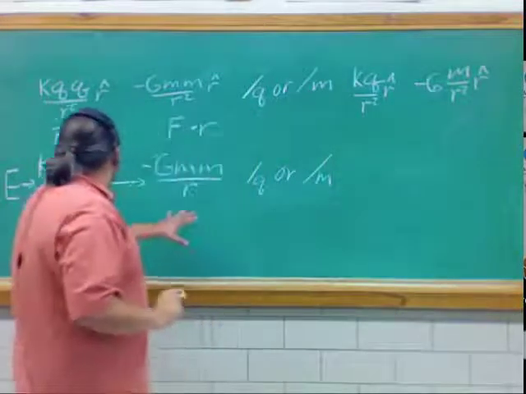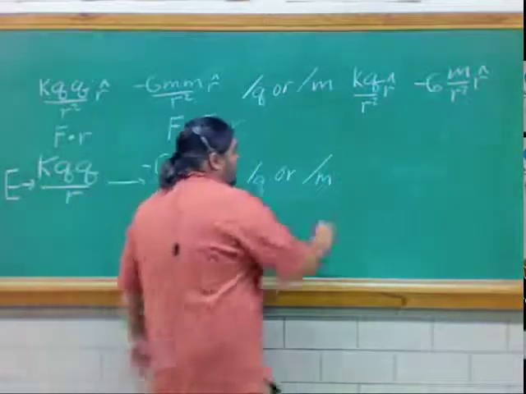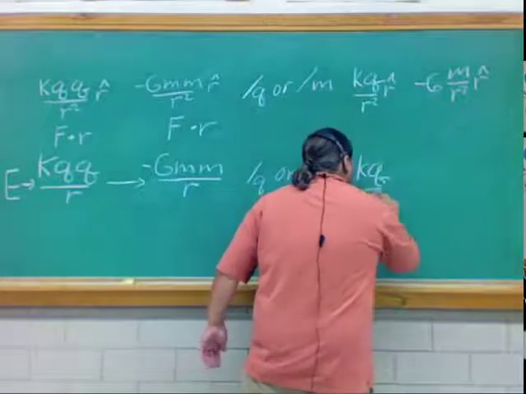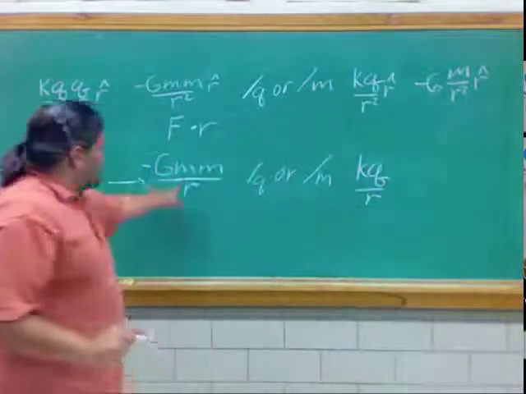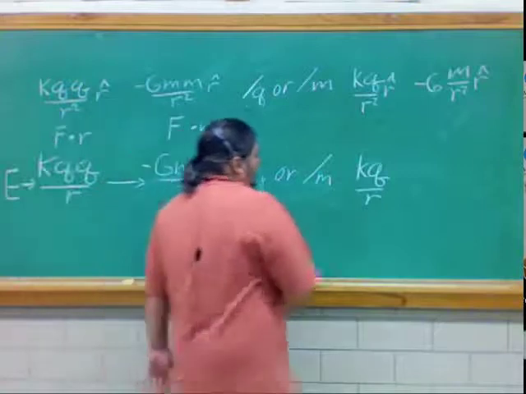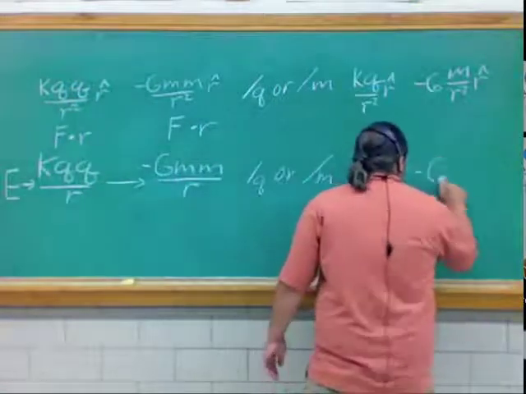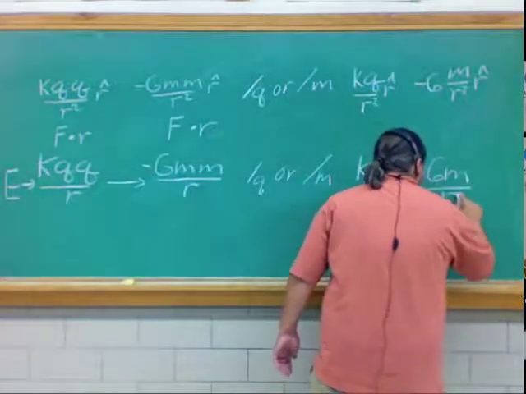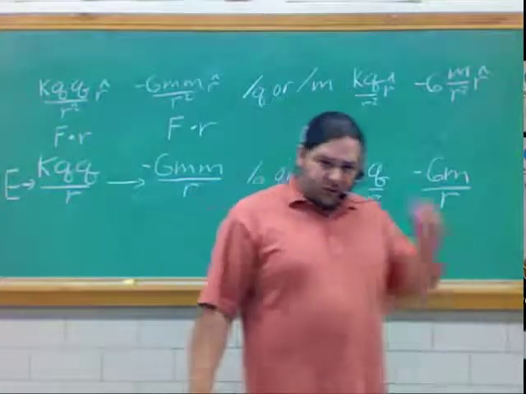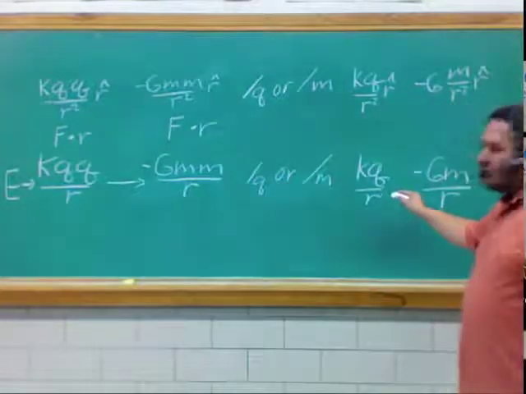So if I divide by charge, I end up with KQ over R. If I divide by mass for my gravitational, I end up with negative GM over R. Okay? So now I have my potential.